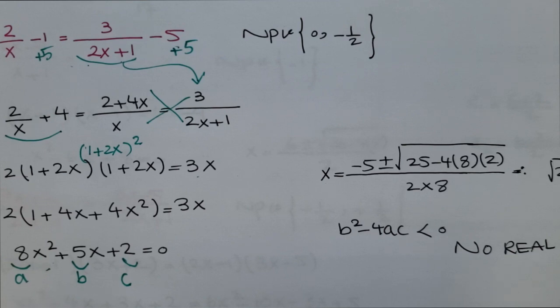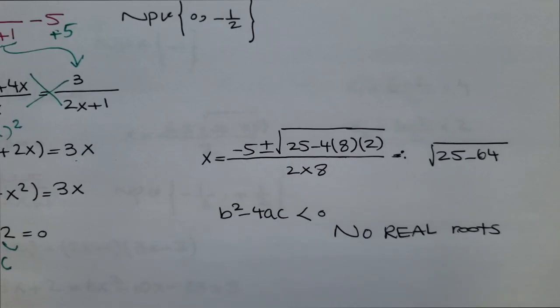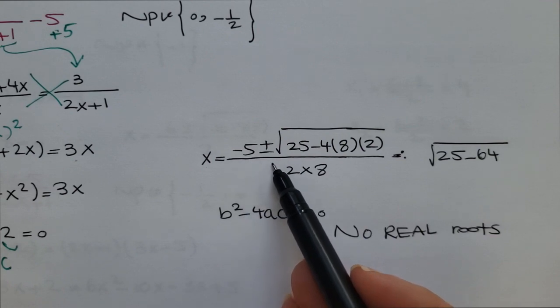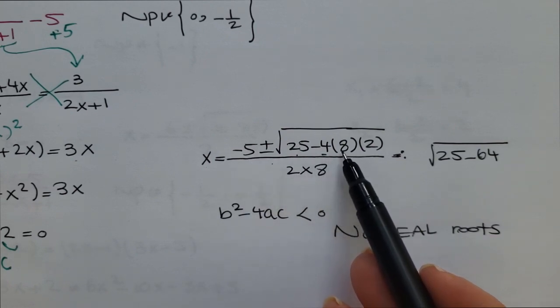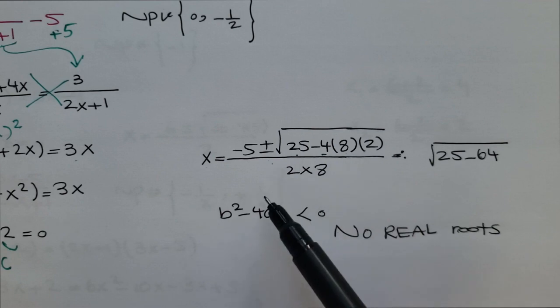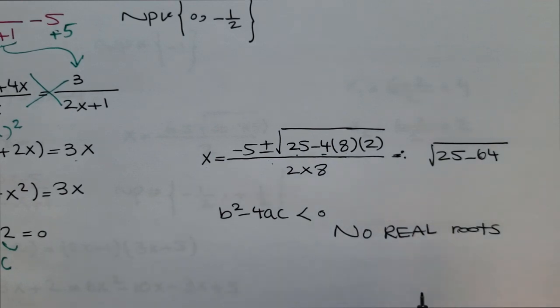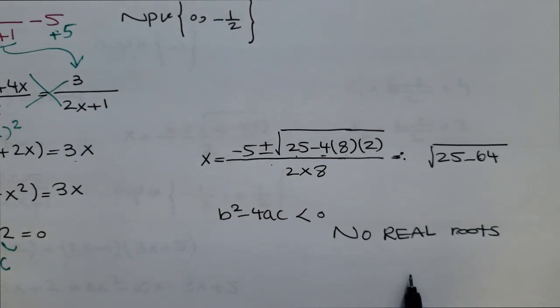The next step would be simply substituting in the quadratic formula, which is -5 plus or minus the square root of 25 minus 4 times AC. But if you look closely under the radical, under the square root, it's a negative number. And as you can remember, if under the square root is a negative number, our quadratic equation would have no real roots. And we stop here.